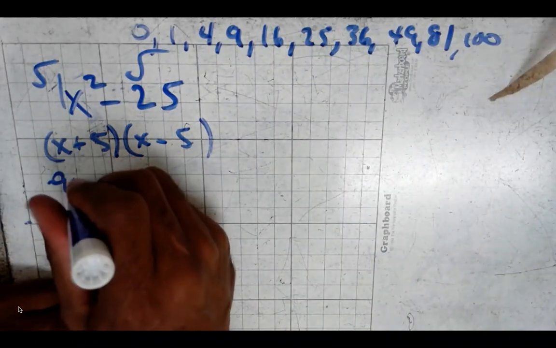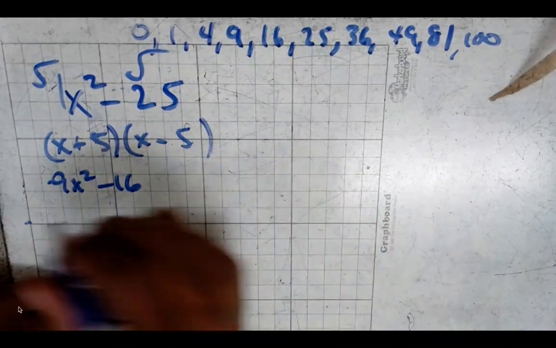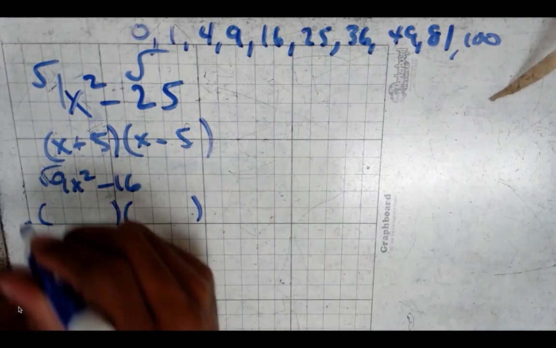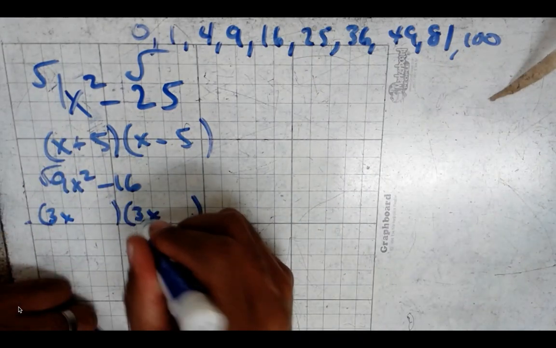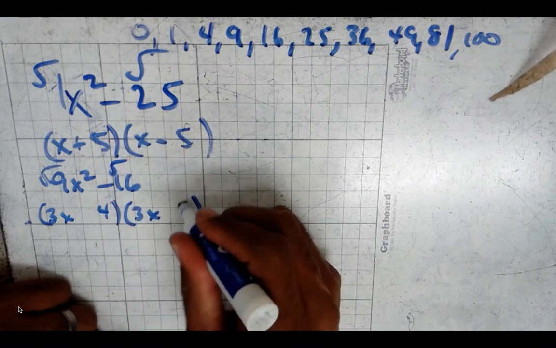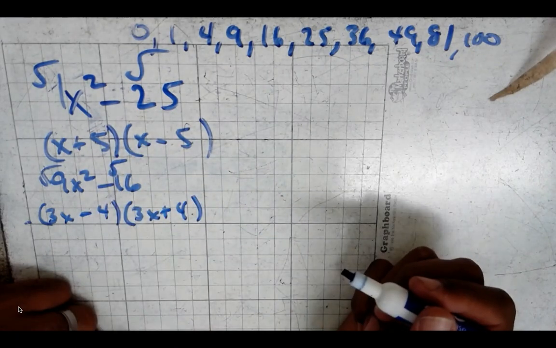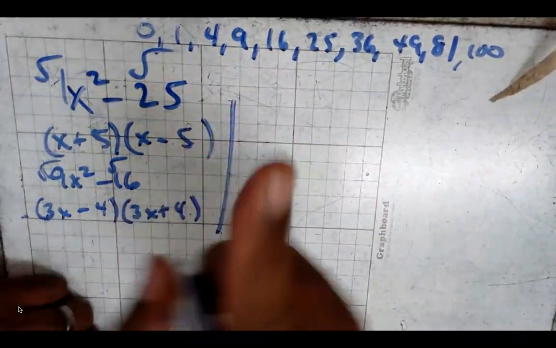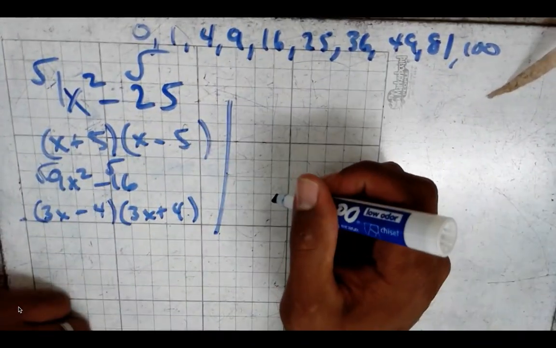So then if I have 9x squared minus 16, square root of the first one, which would be 3x, square root of the second one, which would be 4, and it's plus minus. Okay, so the one you are going to do, and again, make sure, can I GCF, right?